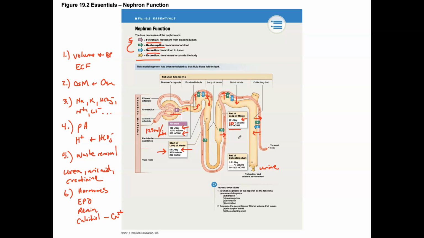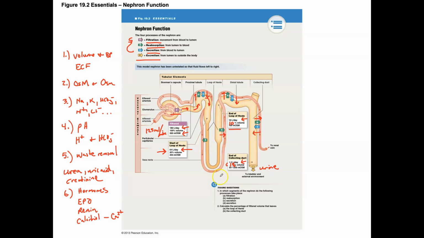By the time material reaches the collecting duct and is getting ready to be excreted from the body, typically we're only looking at about 1.5 liters of volume being excreted per day. That's going to be less than 1% of the total volume that you actually filtered for the day. So you're actually not losing much volume.